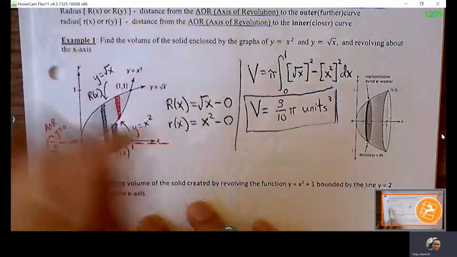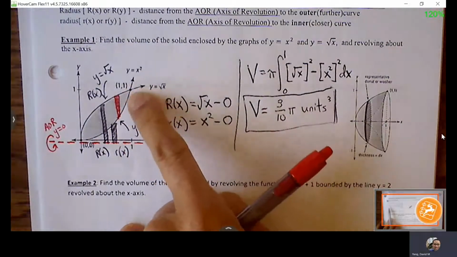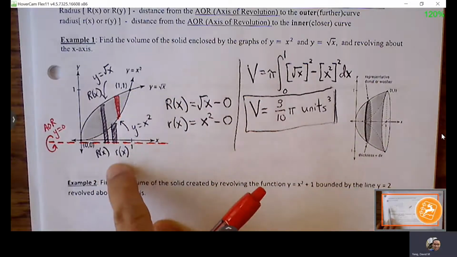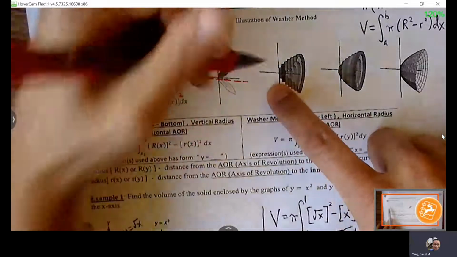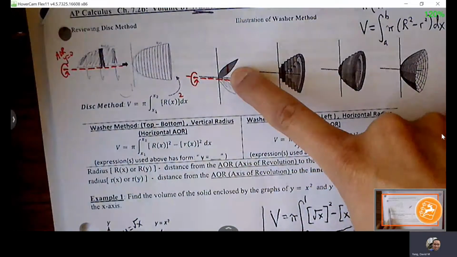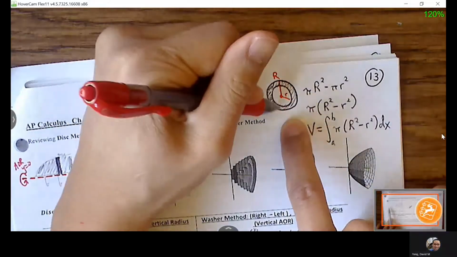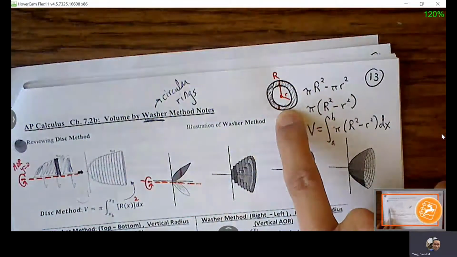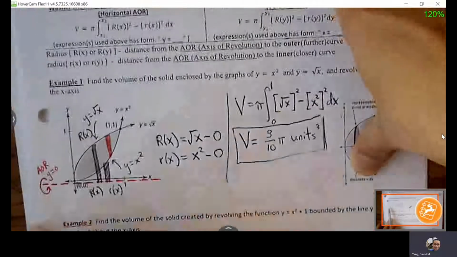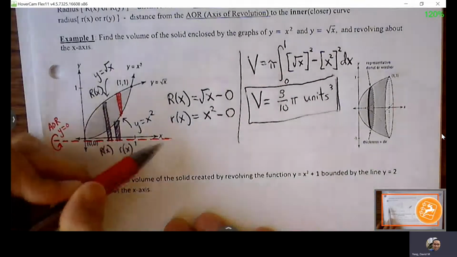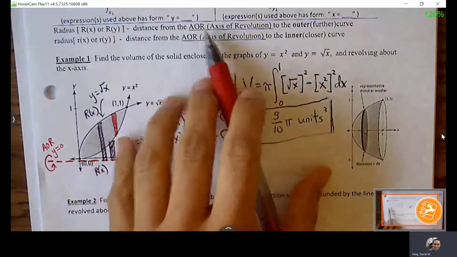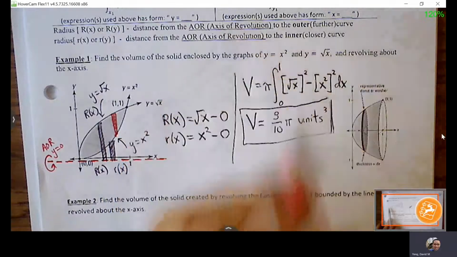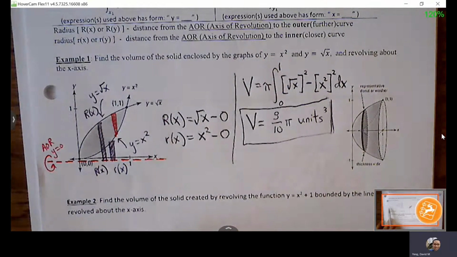But this is great if we want to find the area of the shaded region. But we're trying to build a radius, right? We can't call something the radius if it doesn't include the center. It's like going over here and calling this part of this circular object the radius. That isn't correct. And same thing here, going to a two-dimensional object and calling that distance the radius. Because we're calling it the radius, we have to include the axis of revolution, the center of this object. So that's why I always say that when you draw your radius, start on the dotted line, as a reminder that you're always including the dotted line whenever you're creating your radius.